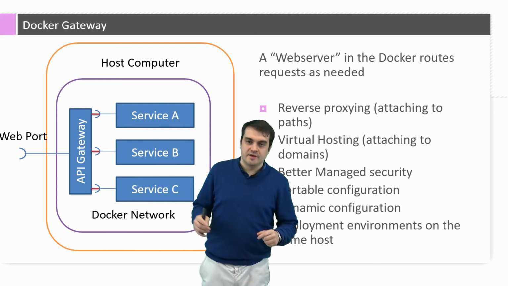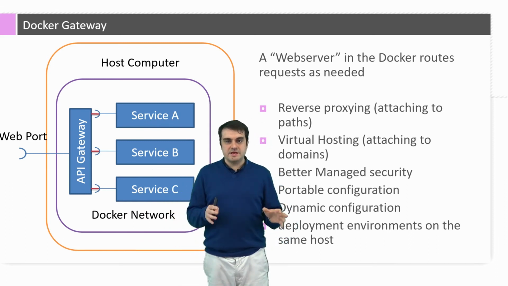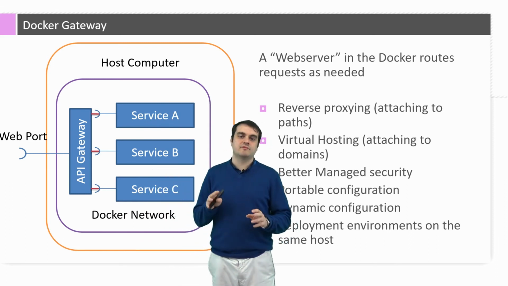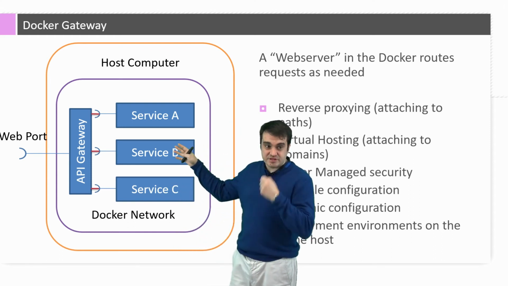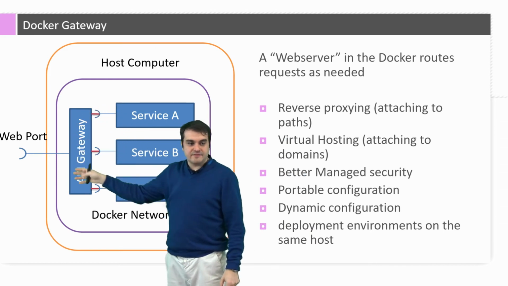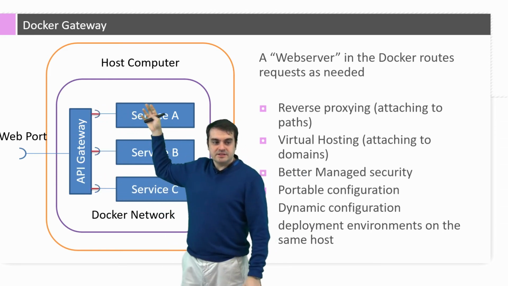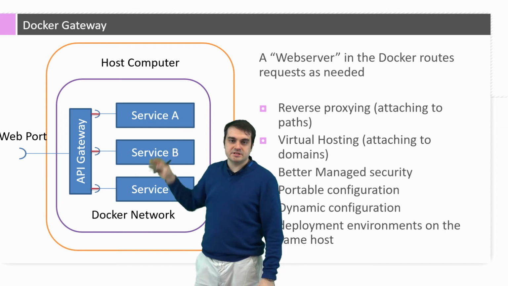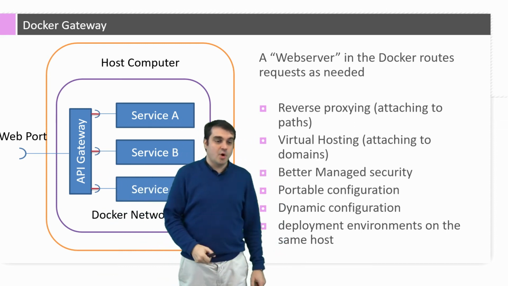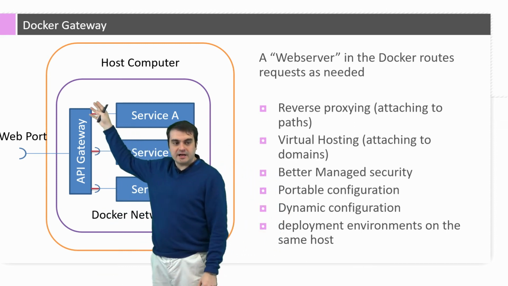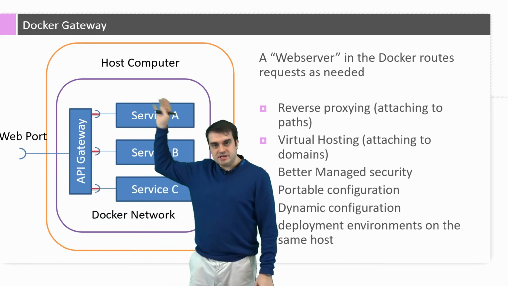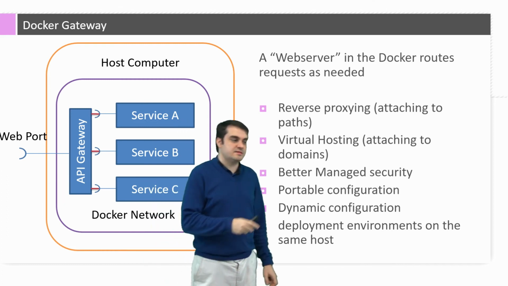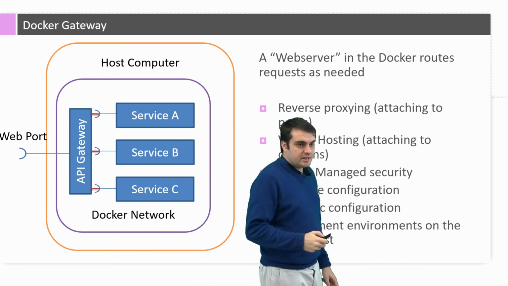Imagine if we have three domains, one for production, one for testing, another for staging, all pointing to the same computer, and then we can have this API gateway decide which services is each environment. Or we can have a hierarchy of API gateways and networks, each defining the different environments.